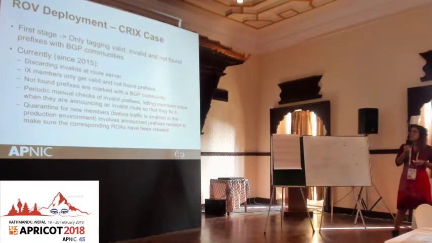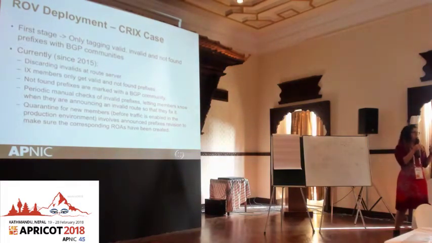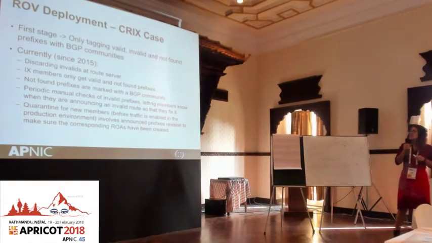So currently what they are doing is they discard invalid prefixes, so the members of the Internet Exchange just get announcements of prefixes that are tagged as valid or not found. And they mark not found prefixes with a community so that they can follow up with the members or with other network operators in the country or in the region to tell them, we are getting prefixes from you that are not found, which means that you haven't created your ROAs.